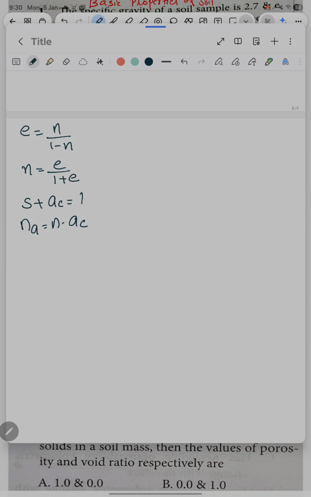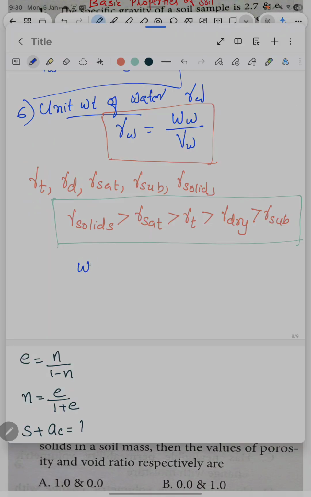One important equation we forgot to study: wG = Se. That is the relation between void ratio, water content, specific gravity, and degree of saturation. This is very important.